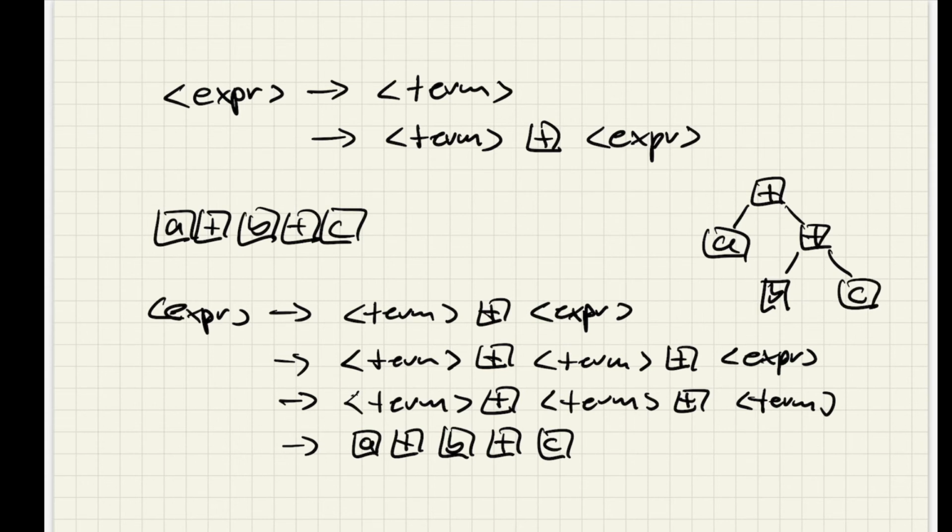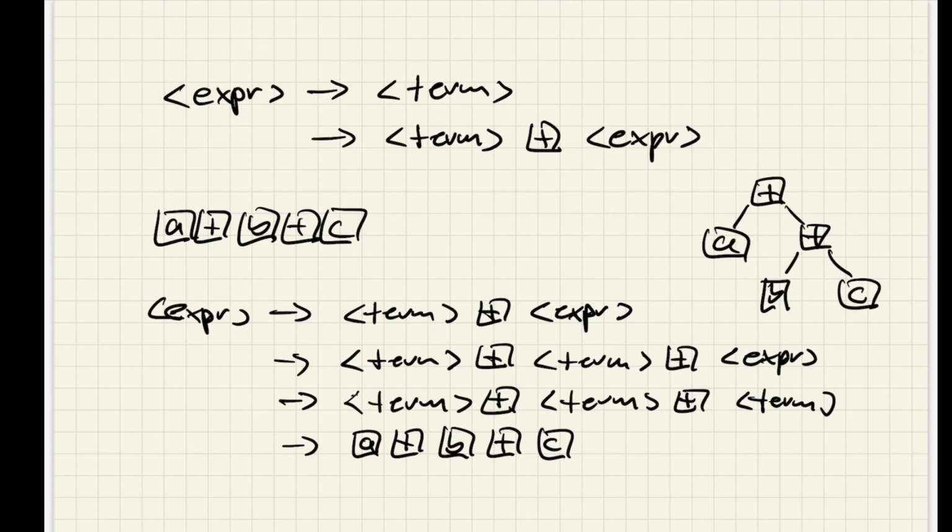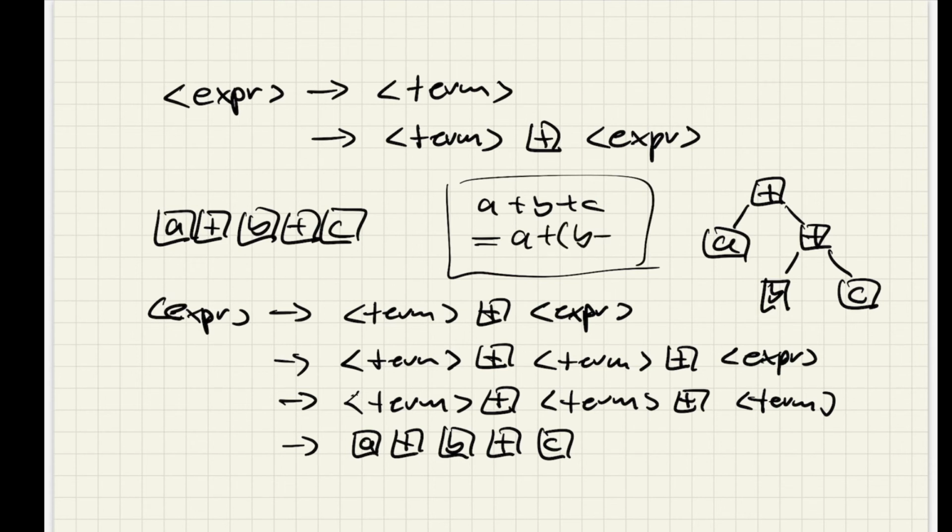And that means with that grammar and rules for building the tree and using these trees for evaluating the expression, you would evaluate this operation from right to left. So you would say that in this case, A plus B plus C would be the same as A plus (B plus C) in parentheses.